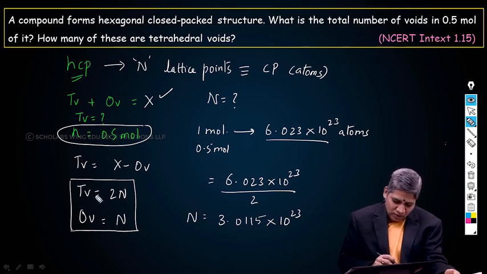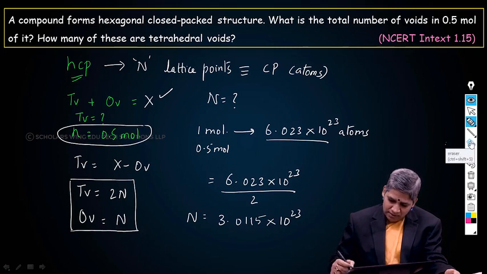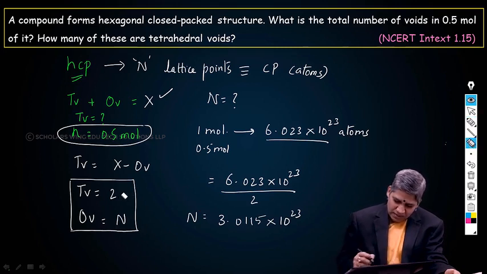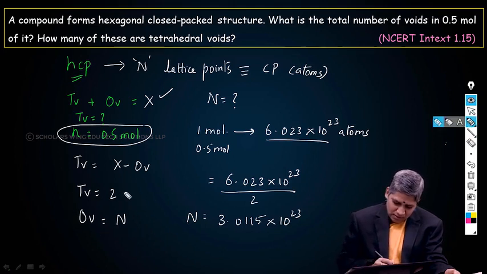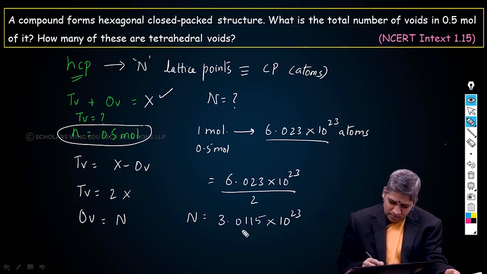Once you know N, it's easy to find TV, right? What is TV now? We'll just substitute in place of N. It is 2 into this. What is 2 into this? It's nothing but Avogadro number, isn't it?